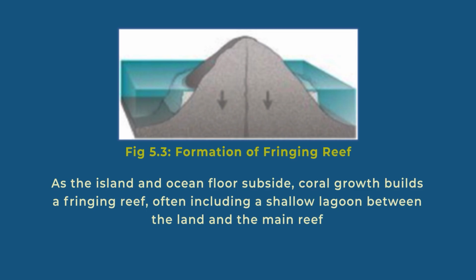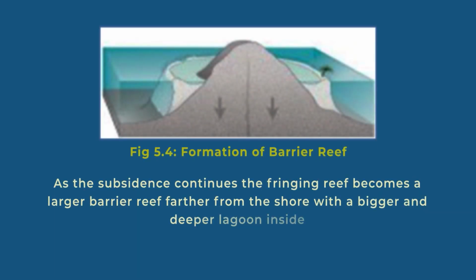Coral growth builds a fringing reef, often including a shallow lagoon between the land and the main reef. As the subsidence continues, the fringing reef becomes a larger barrier reef further from the shore with a bigger and deeper lagoon inside.